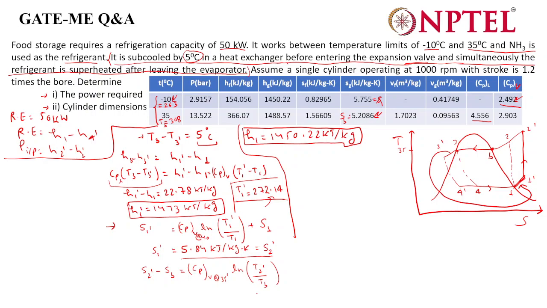So let me know the value of T2 dash. Is it 382.83?